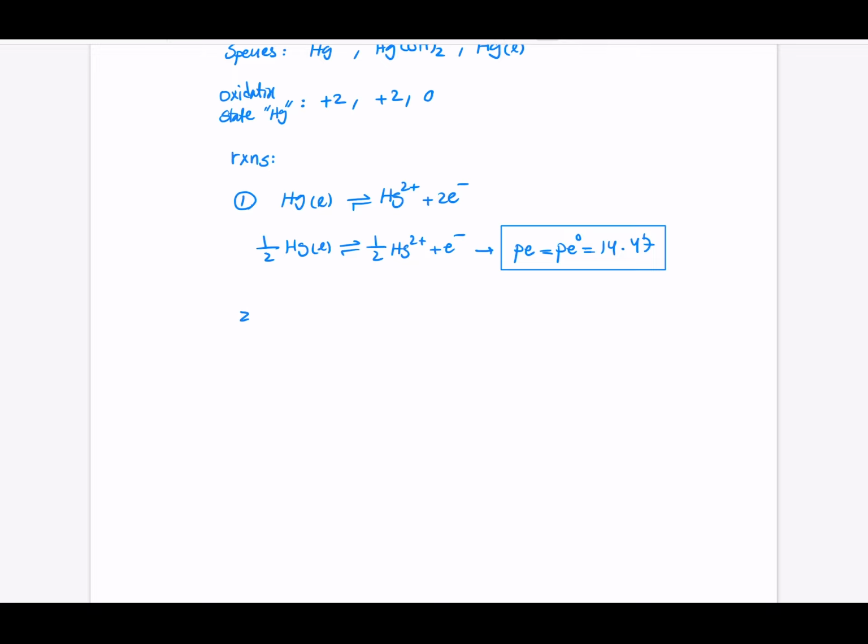So the second reaction is between Hg and HgOH2. When we balance this reaction, it would be 2 water here and 2 proton plus 2 electron. We could balance this one or make it standard.